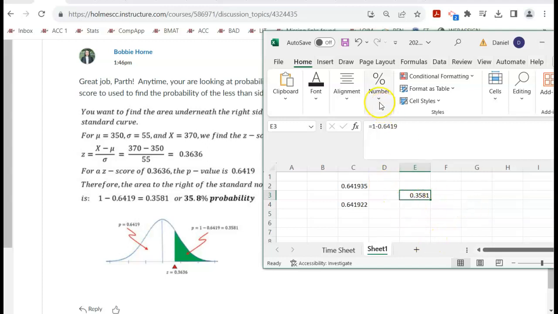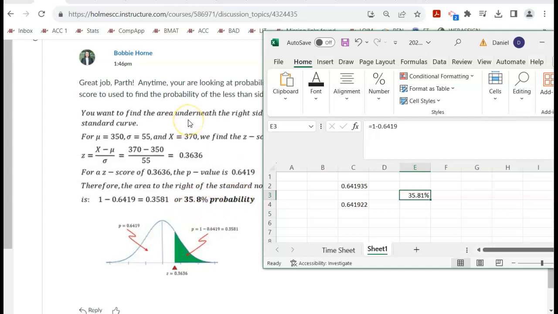But if you change that to a percent, and you want it to include the decimal, 35.81%. Or if you want 1 decimal, 35.8%. So that is how you work these type of problems and how you use the complement rule to find the greater than side.